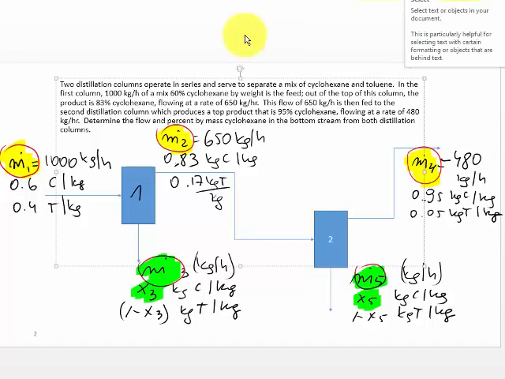We know that 1000 kg per hour of the mixture, 60% cyclohexane and 40% toluene, is fed into column 1.